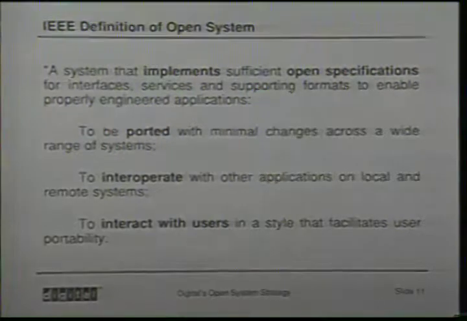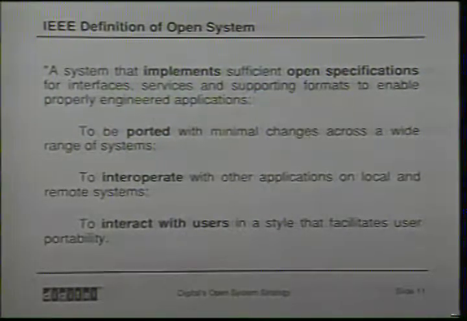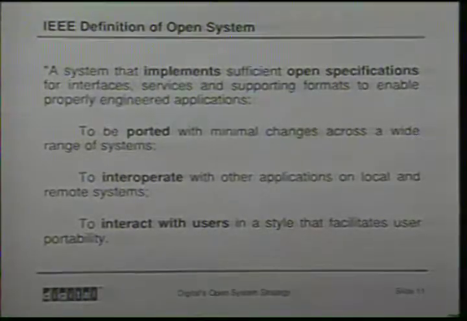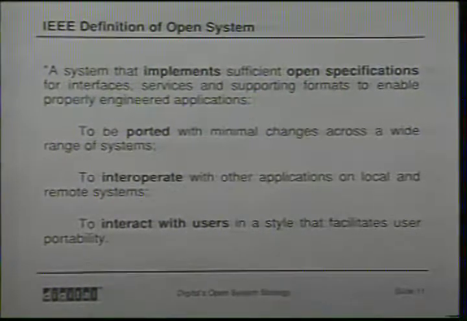Their definition of an open system talks about a system that implements sufficient open specifications for an application to be ported with minimal changes across a broad range of systems, to be able to interoperate with applications and tools on different systems and remote systems, and also to interact with users in a way that facilitates the portability not necessarily of the application but of the user from one system to another. So the IEEE definition fits in very cleanly with what we're talking about.